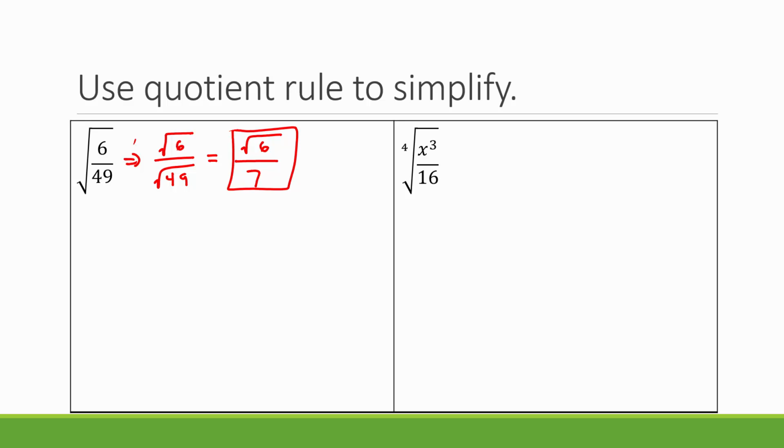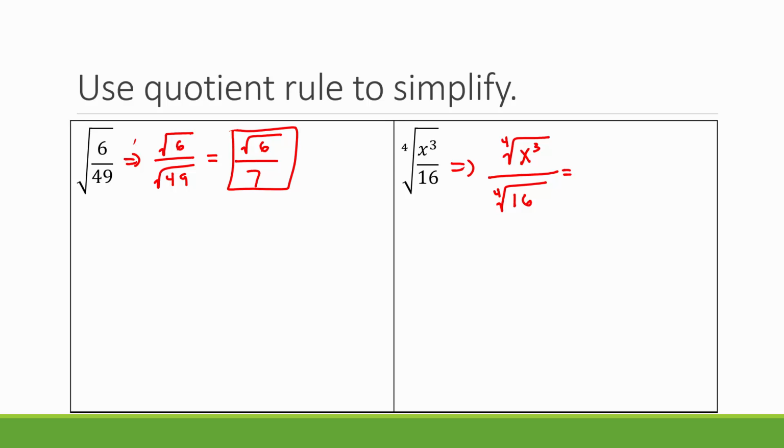What about the fourth root of x to the third over x to the 16th? Well, if your exponent is smaller than your root, then you cannot simplify that part either. So I can't take the fourth root of x to the third, so I'm going to leave it just like it is. However, I can simplify the fourth root of 16. Remember, 2 times 2 times 2 times 2 is 16.